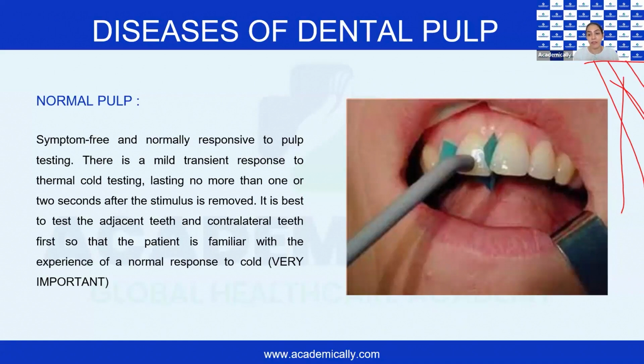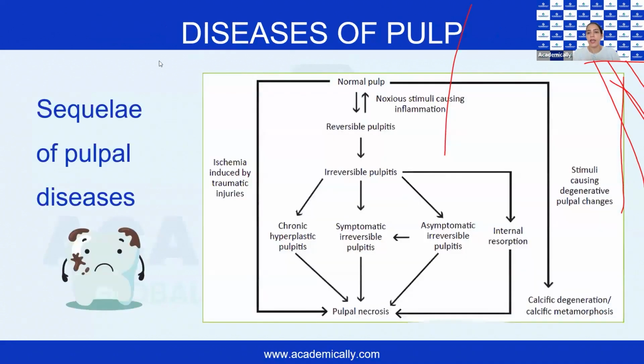And some may have a very limited threshold. Even if they are not having pain, because you are testing it, it would come to light. So the major thing is you should be very focused in performing pulp tests in terms of reading the patient's sensations.